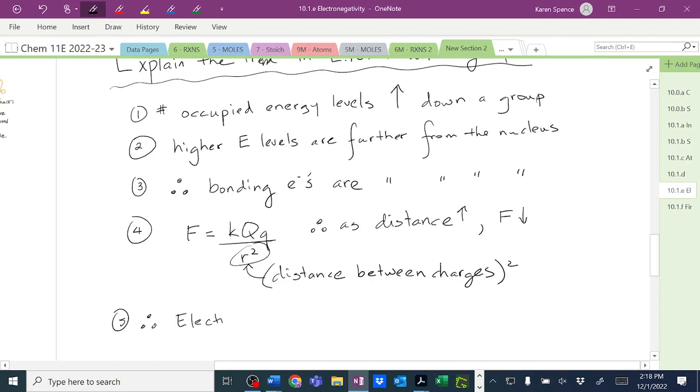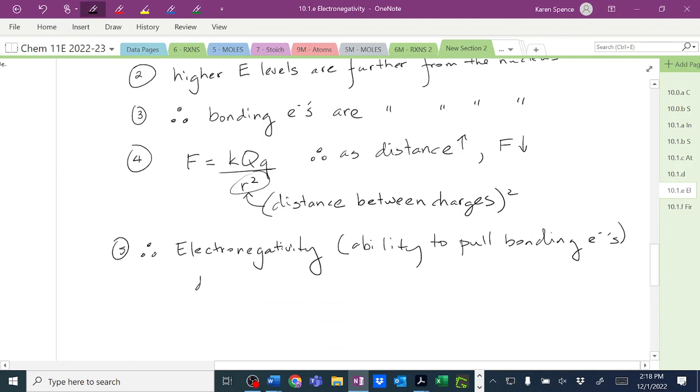Electronegativity, the ability to pull bonding electrons, decreases.